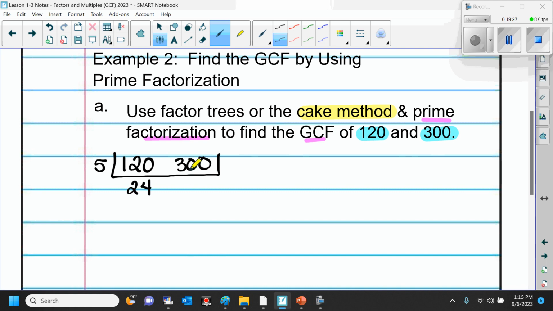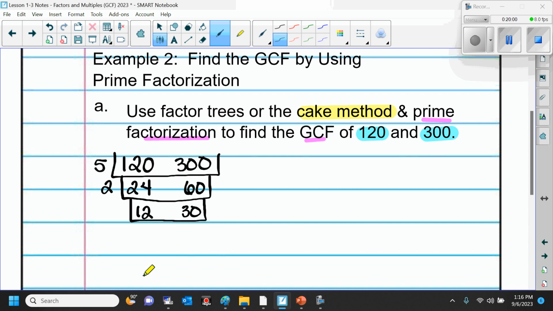And 300 divided by 5 is 60. Very good. Okay, so there's my next layer. What can I divide by next? 2. Okay, let's do 2. 24 divided by 2 is 12, and 60 divided by 2 is 30, right?